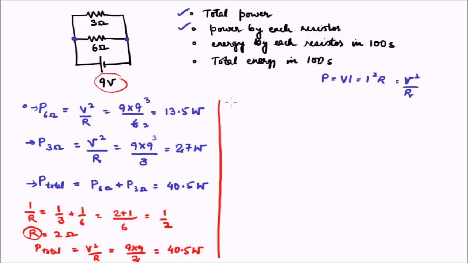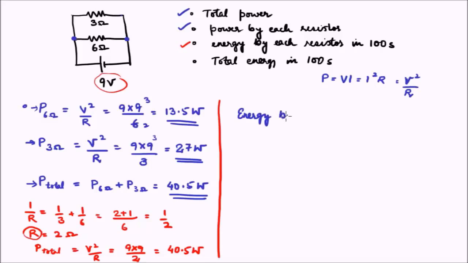Fine. Now let us see what is the energy consumed by each resistor. This should be pretty straightforward now, because we have found out the power by each individual resistor and also the total power consumed by the circuit. So part 3 and part 4 should be pretty straightforward. Even then, let's calculate.